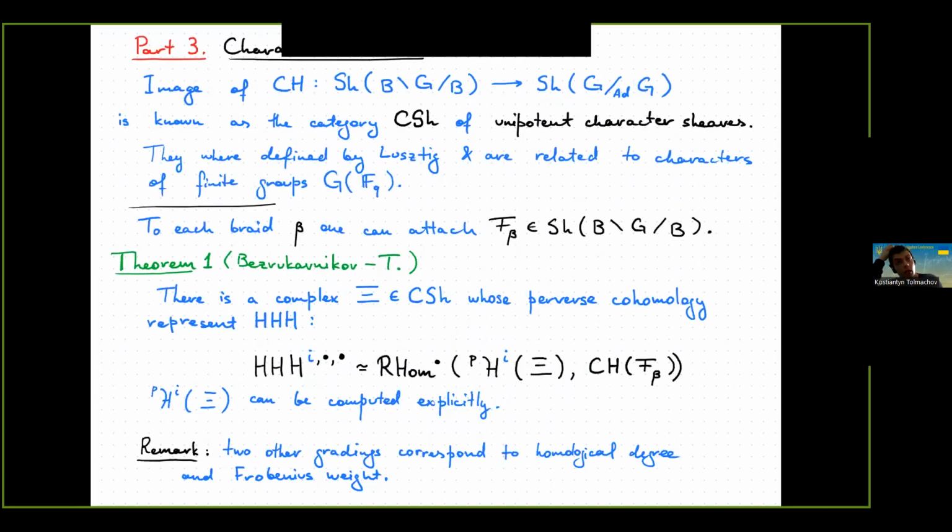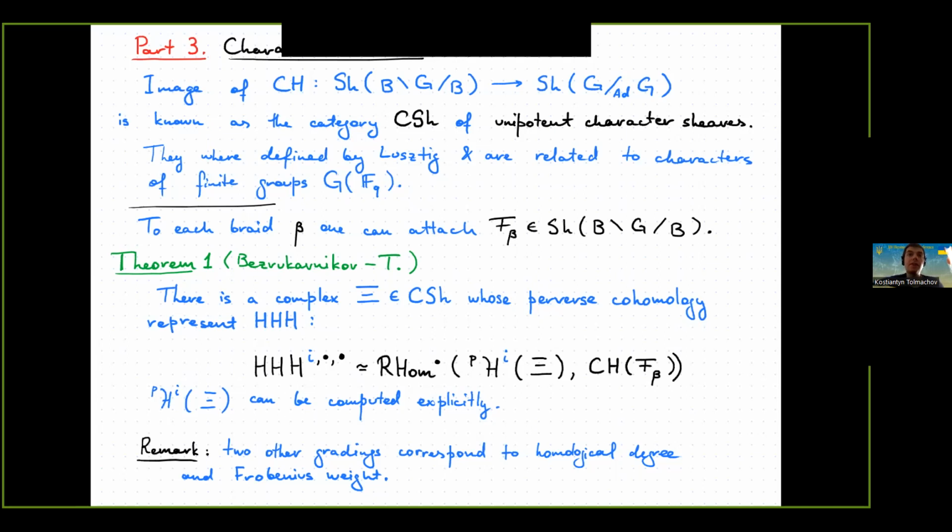So the image of this character functor, by image I mean, for example, the minimal triangulated category spanned by images of sheaves on G mod B, taken as a full subcategory of sheaves on G, is known as the category of unipotent character sheaves.